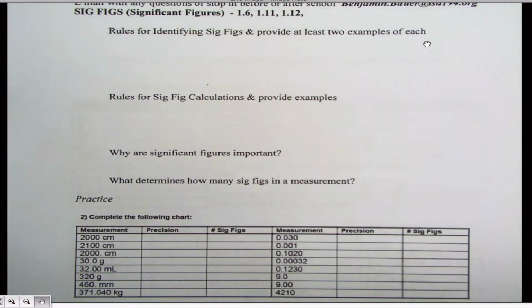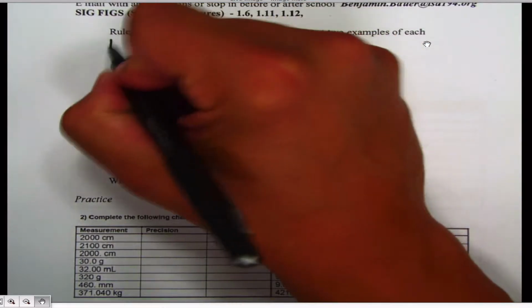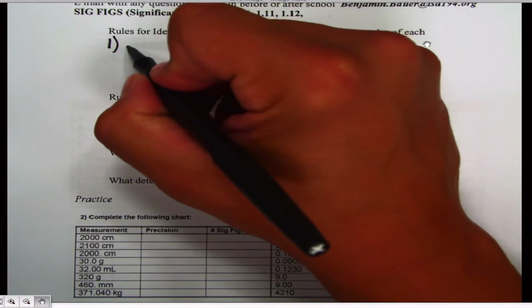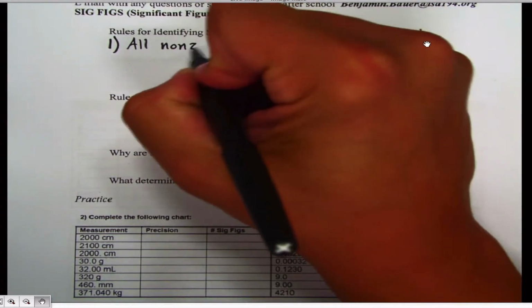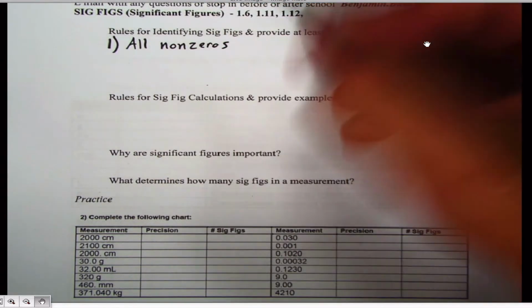First, rules for significant figures. There's probably about 3 basic rules, but some people could sum it up into one. First rule: all non-zeros count.